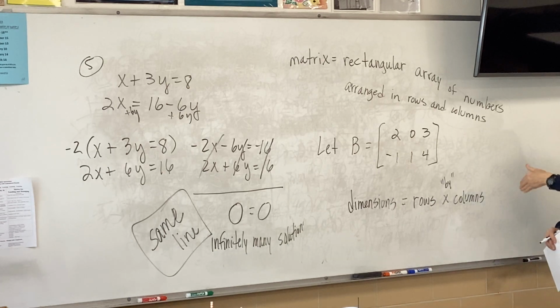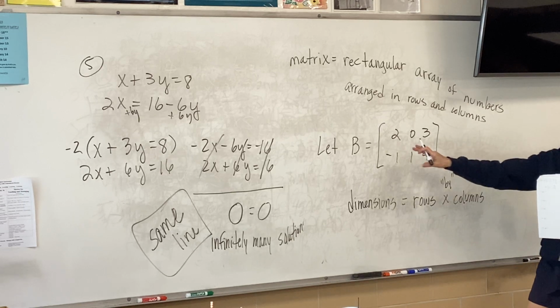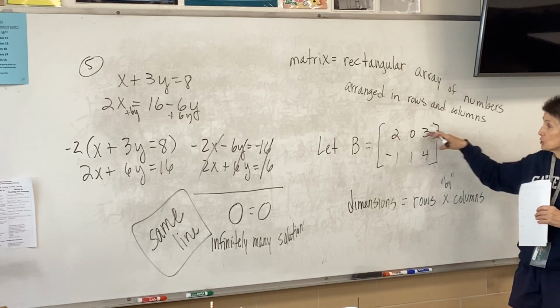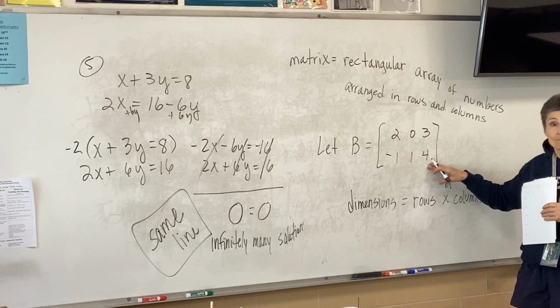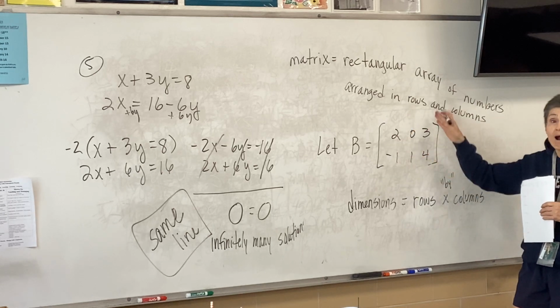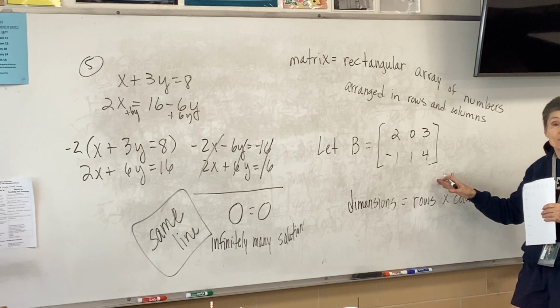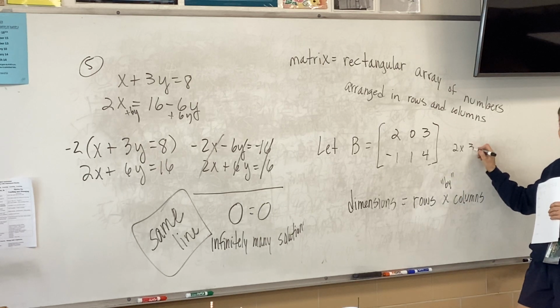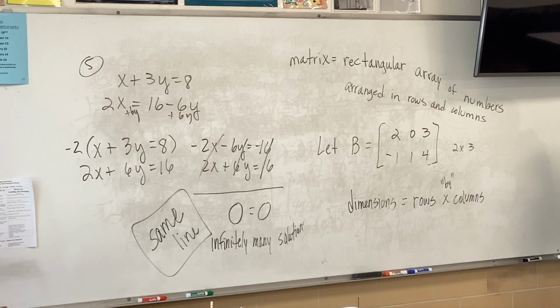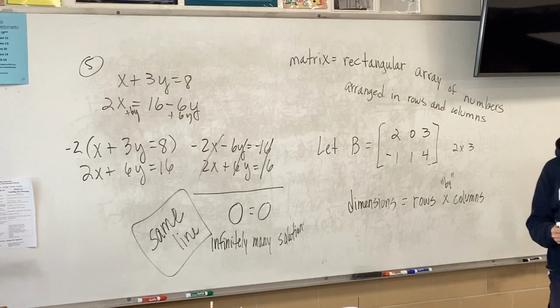So matrix B has 2 rows and 3 columns, so it would be considered a 2x3. Its dimensions would be 2x3. Dimensions of a matrix, rows by columns.